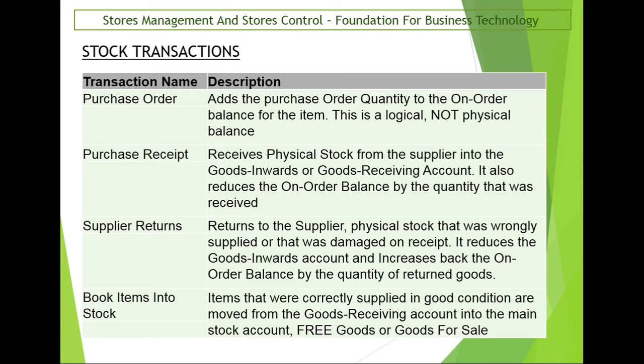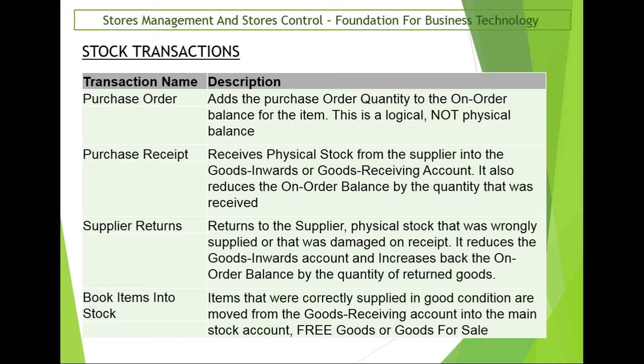When we place a purchase order, we add the order quantity into a stock account that we call the on order account. So the balance for that item is now increased by the purchase order quantity. If that item was not on order before, its balance was 0 in the on order account.